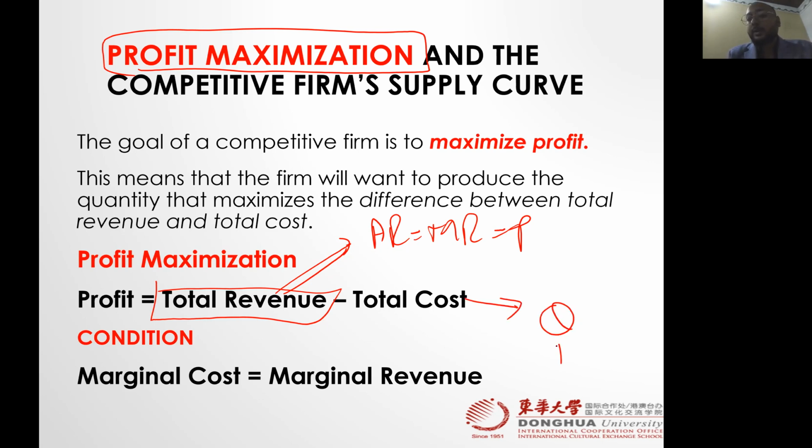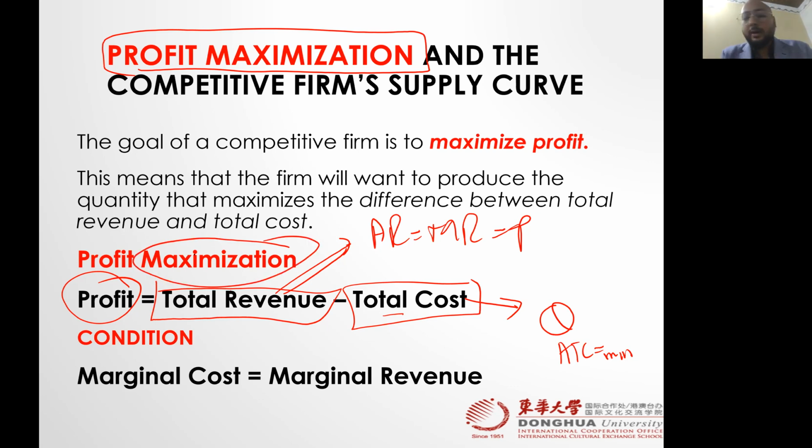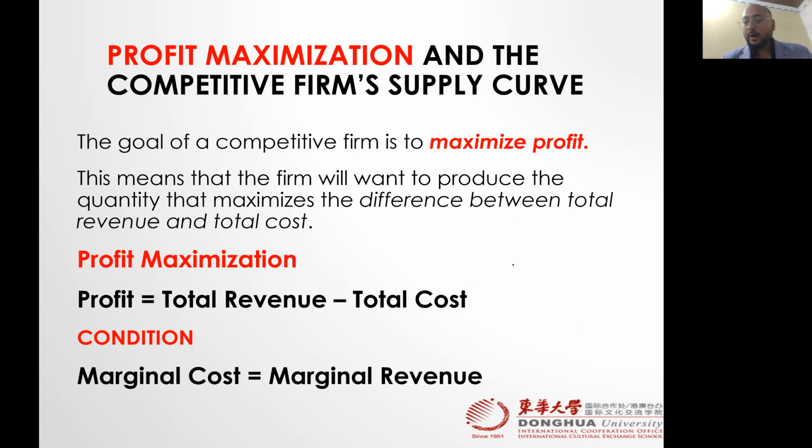Where total cost is minimum. So that would be our total cost. So if we minus total cost from total revenue, we have a profit. But if we are in a competitive market, our goal is to maximize the profit. So economists, how can you find out the maximum profit?